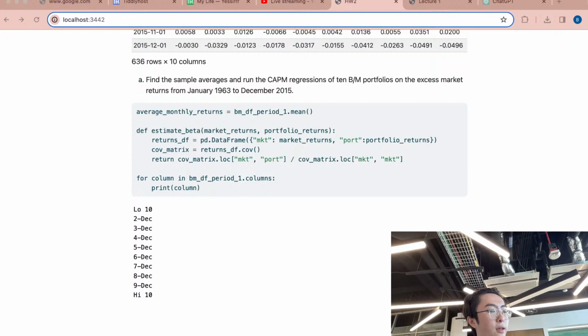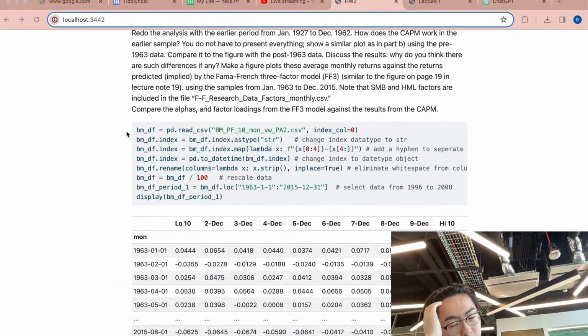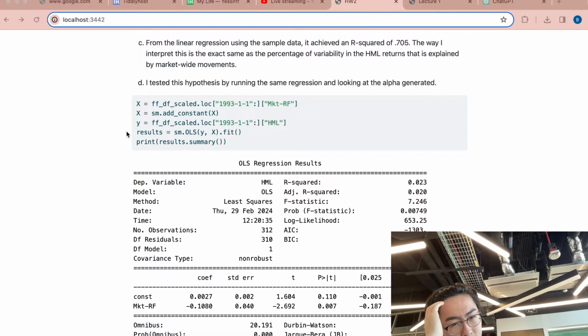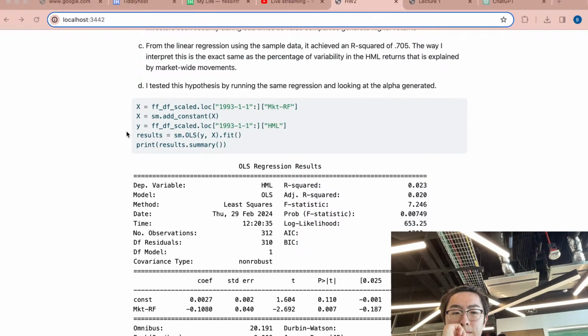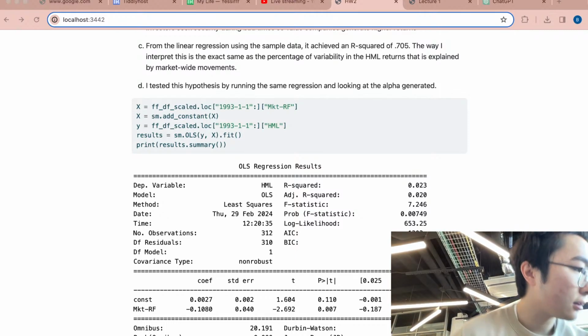I think an important thing we need to do though is I need to merge the two data frames together. So I need to merge the data frame with the market risk premium. So I could take the scaled data frame. Okay, let's see if this works.